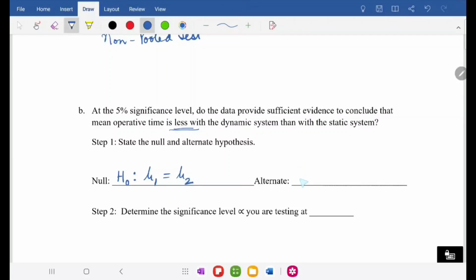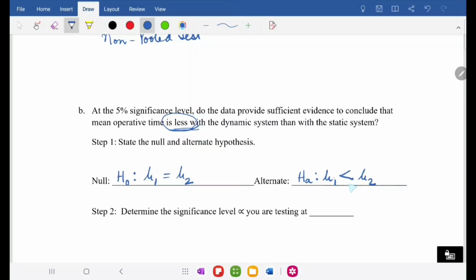Alternate hypothesis colon is going to be mu sub 1. There's going to be mu sub 2 on the other side, but in between it says is less than, that's what we are studying, that the dynamic system time is less than the static system. So you're going to use the less than.